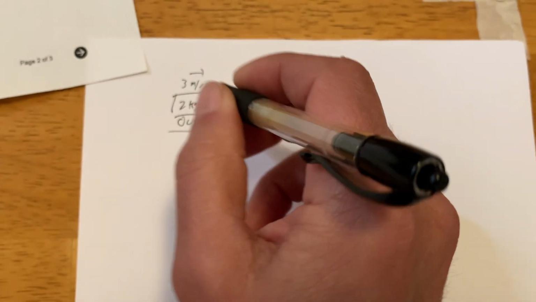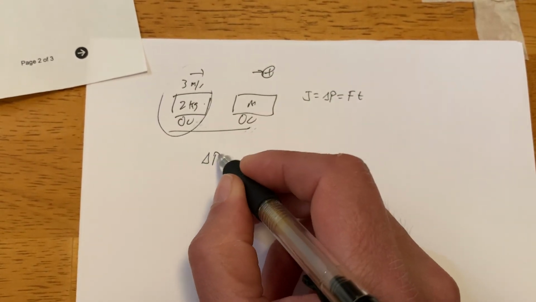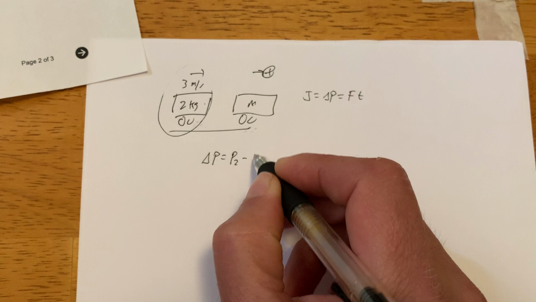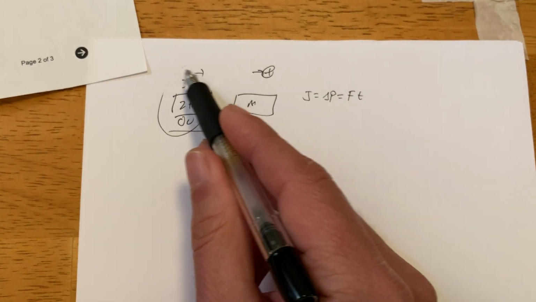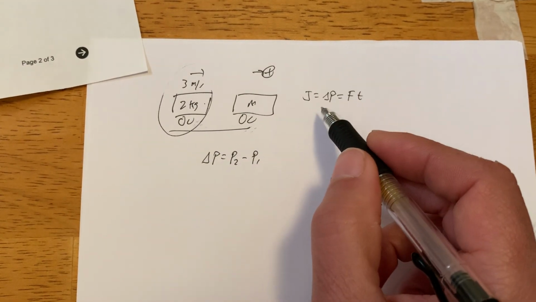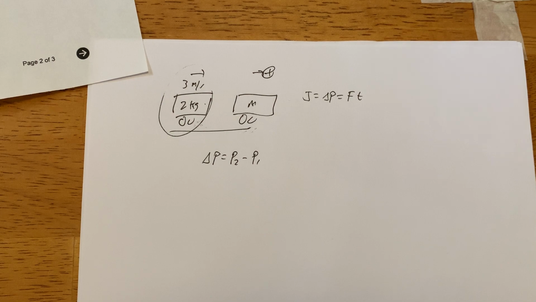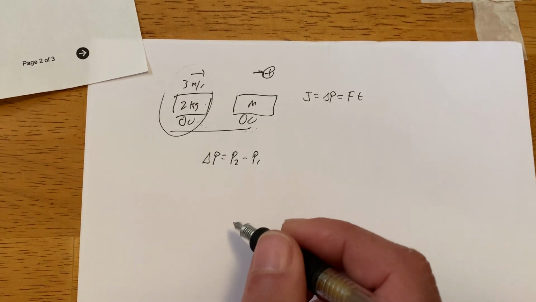So how can I find the speed of this cart? Well, I can use delta P. It's going to be equal to P2 minus P1, where P1 is the momentum of this cart before. Delta P is the change of momentum, which we found by taking the area under the force and time graph. So what do I have? And that is a negative impulse.